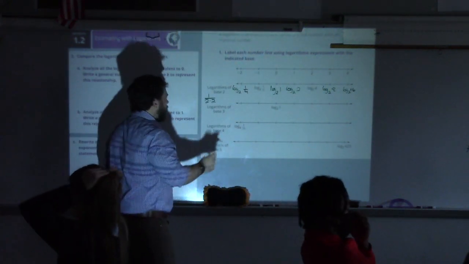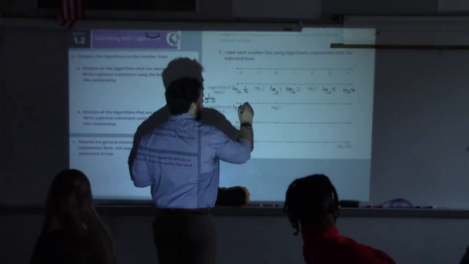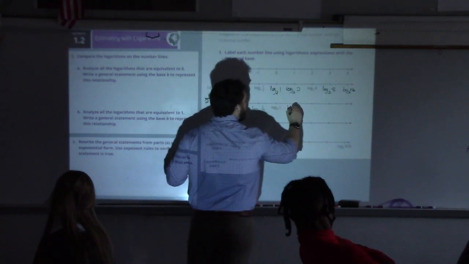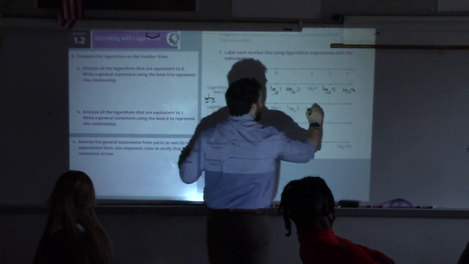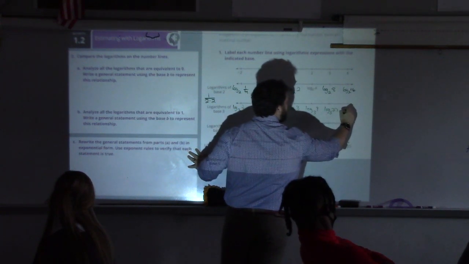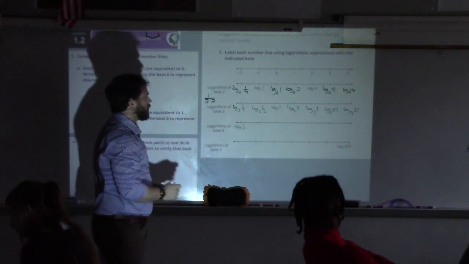So, let's look here. Log base 3 of 1/9, log base 3 of 1/3. So I just covered it with wrapping. Does anybody have any questions about these logarithms?